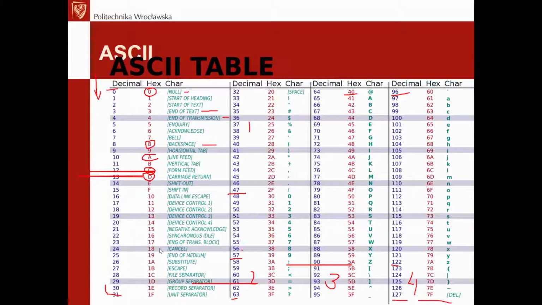And then we have the third area, or the third block. The third block is the block of numbers. Numbers are coded from 30 hex to 39, so 48 decimally to 57 decimally. This is area 3. Then area 4 is the area with capital letters.